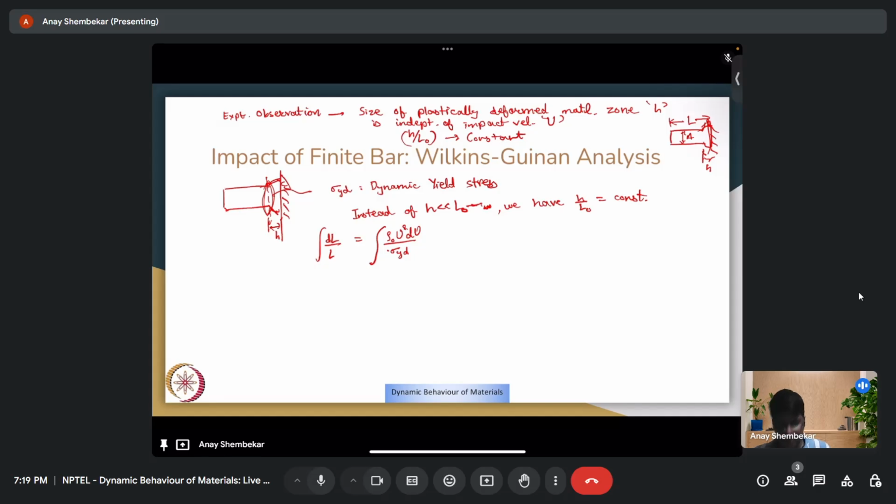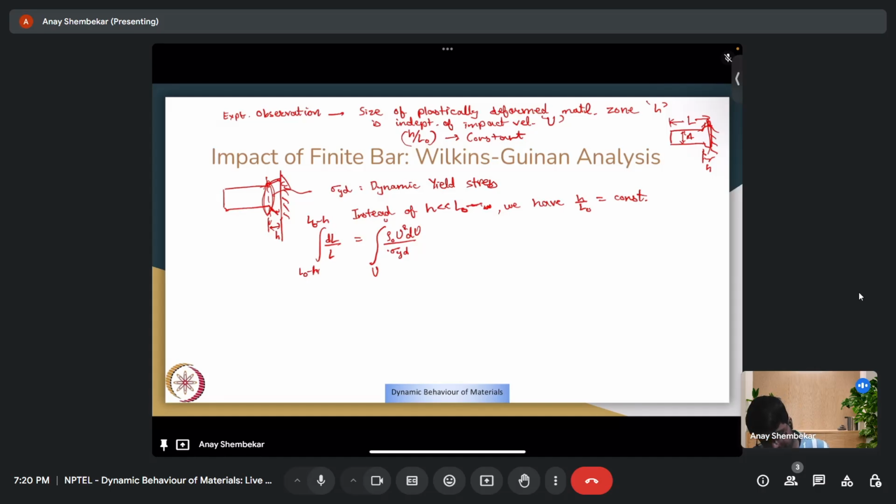If we integrate this, now we change the limits to go from L naught minus h to Lf minus h. So what we are saying is that at the moment of impact, within a very small amount of time, the material up to length h will be plastically deformed, and after that there will be a negligible increase in the plastic deformation zone h. So my total length between the free surface and plastic front goes from L naught minus h to Lf minus h, as my velocity of impact goes from u to 0.